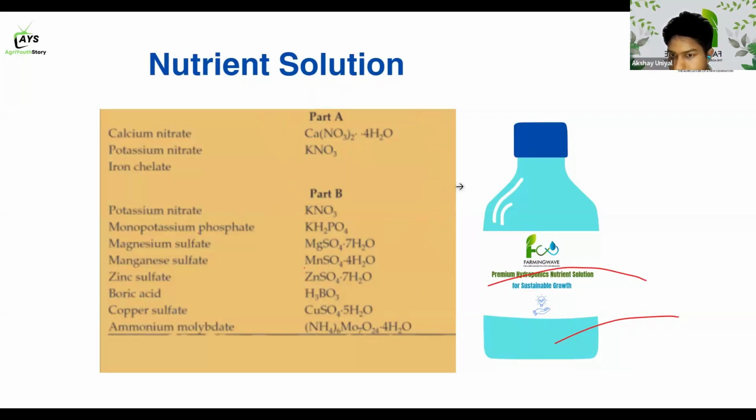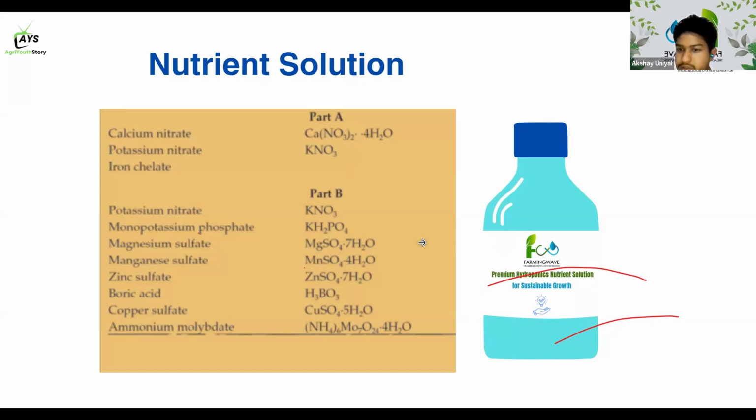Now, coming to the question of Mr. HP, that sir, can these be used in soil draining polyhouses as well. This part A and part B solution is mostly used in simple hydroponic systems. They can be used in soil, but it is not very advisable.